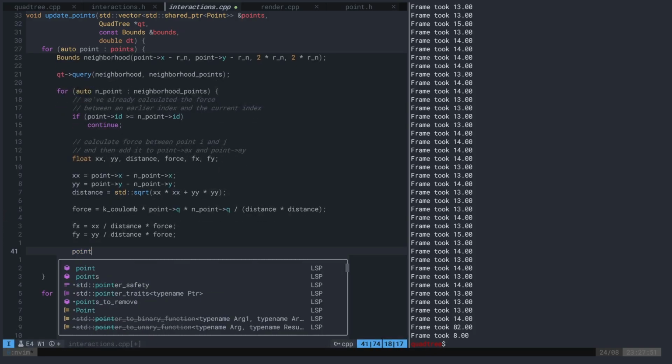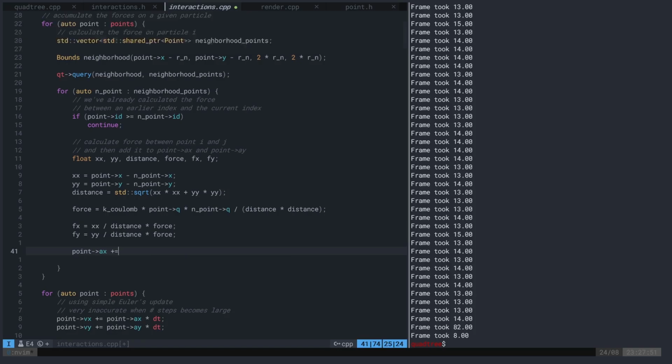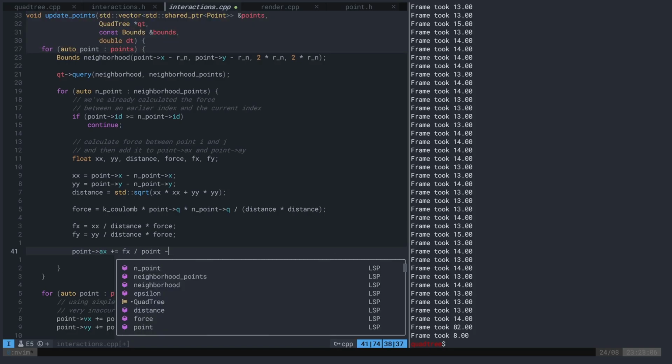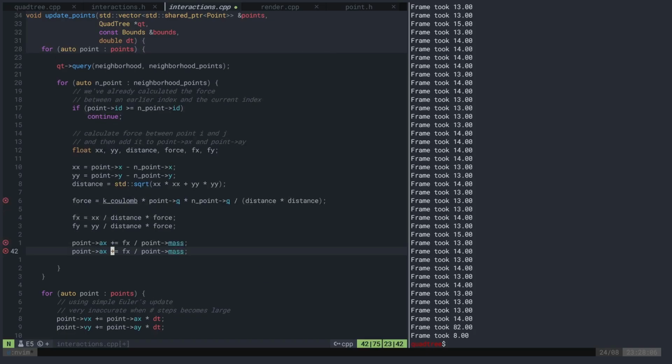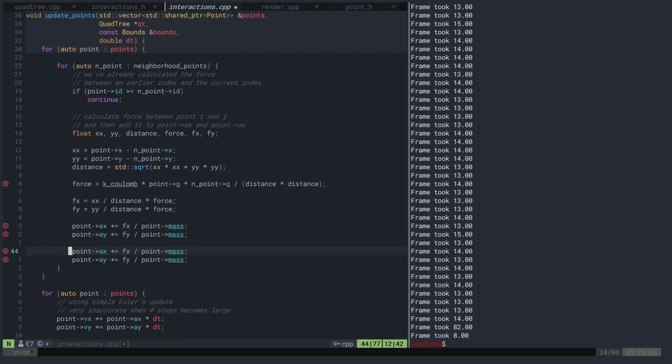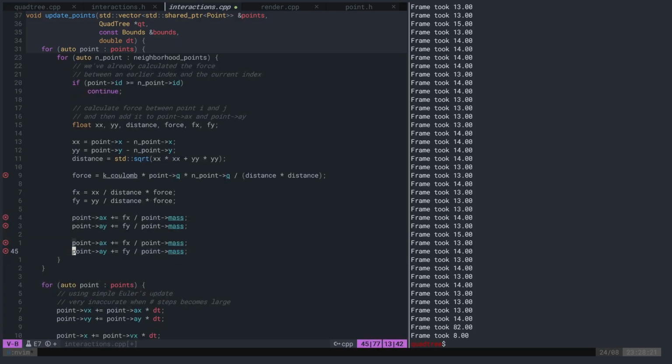Then our point's acceleration is just going to be equal to Fx over this point's mass, and the same thing for y, like so. And remember Newton's third law, equal and opposite reaction. So the neighboring point is just going to be the negative of these values.